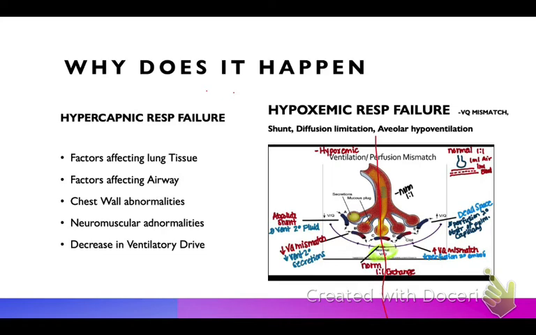Then you've got VQ dead space, which again would be like a clot secondary to an obstruction in your pulmonary vasculature, so maybe like a pulmonary embolus. So your VQ would be increased. So that's your VQ mismatch, your ventilation perfusion, and that will often be part of your hypoxemic respiratory failure.